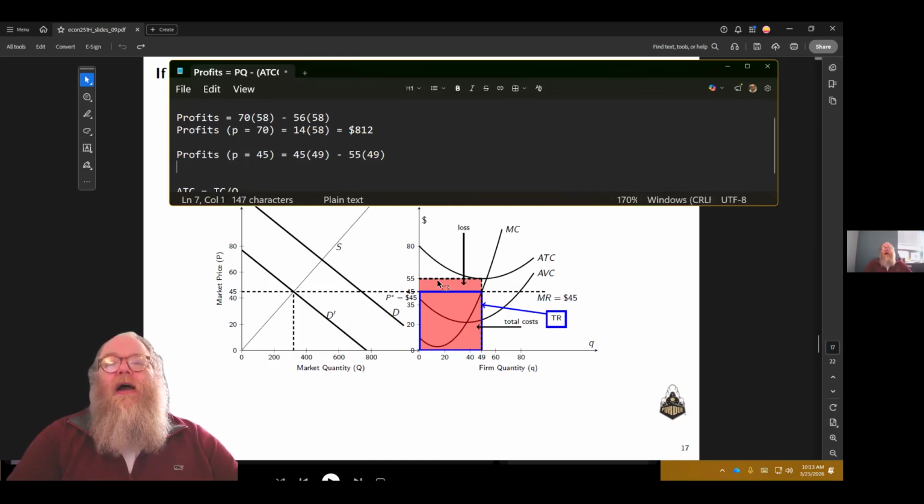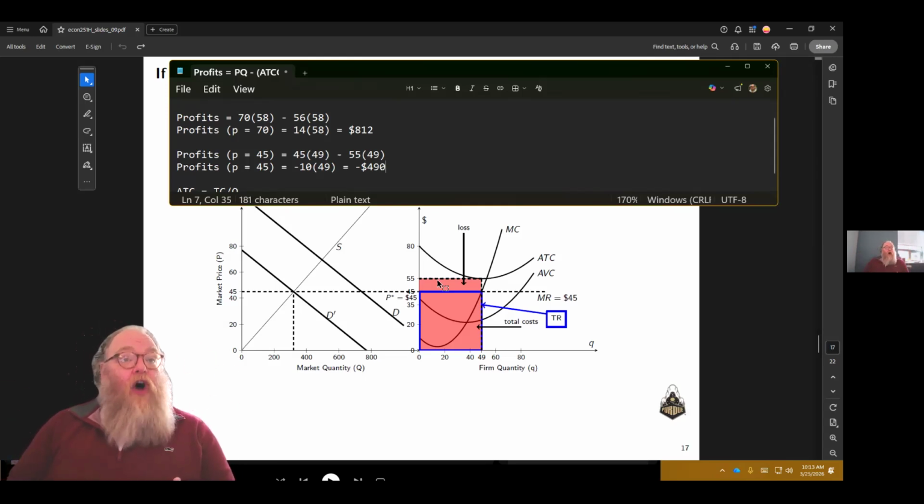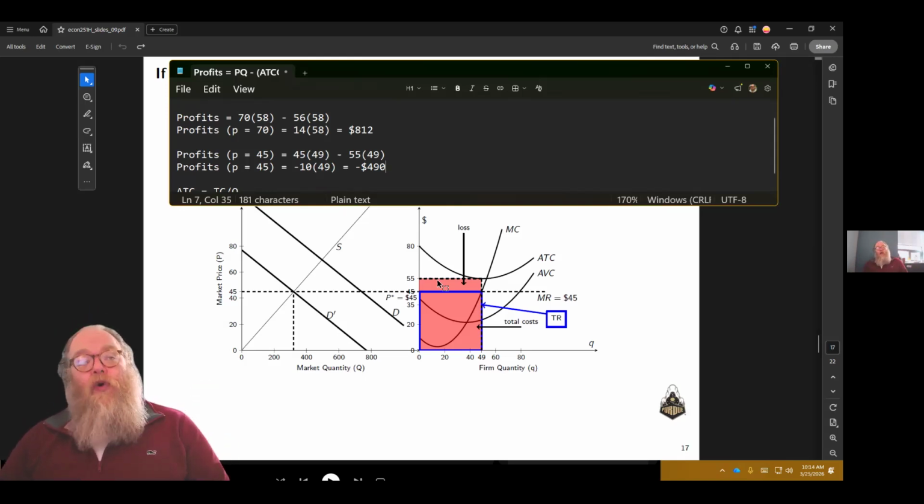And so profits when price is equal to 45 is therefore just going to be negative 10 times 49, which we can see is going to be negative $490, right?